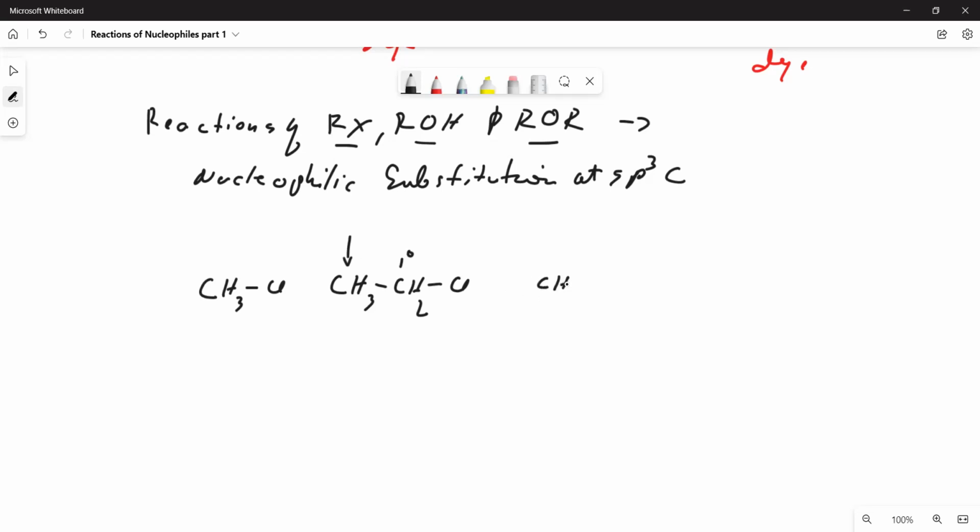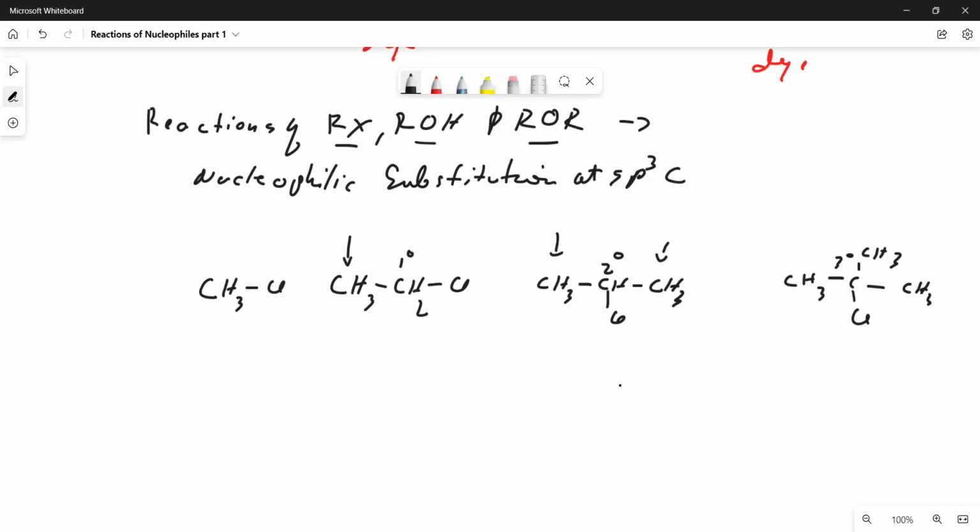We also have secondary alkyl halide like isopropyl chloride, because the carbon bearing the halogen is attached to two other carbons. And we also have tertiary, because you have three carbons attached to that carbon.